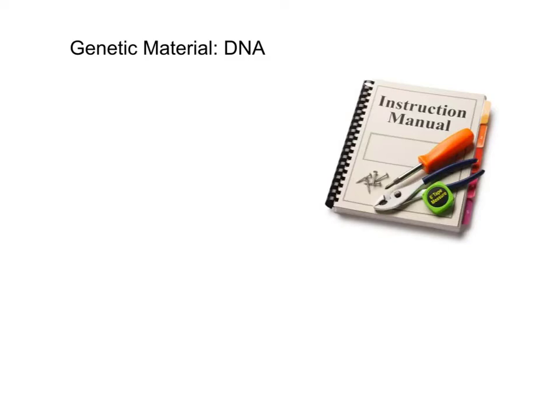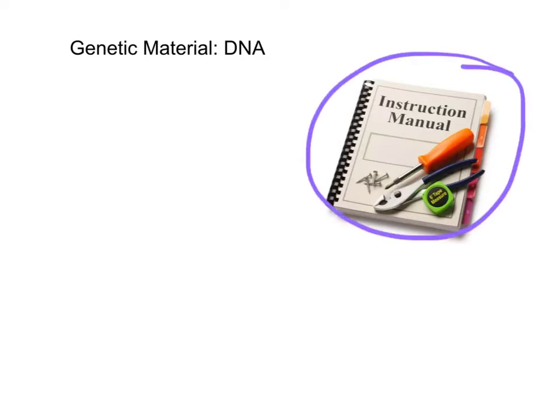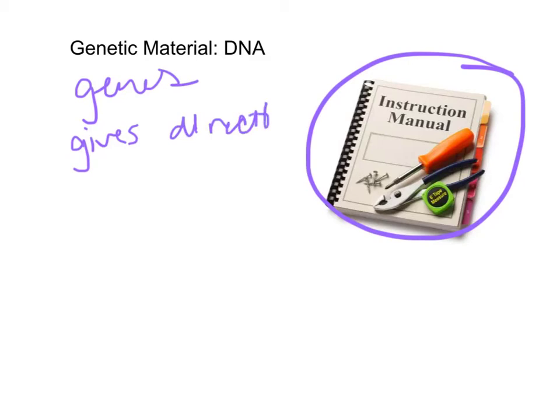The genetic material is like an instruction manual, and this has genes, and it is the DNA that has the genes, and it gives directions for the organism's composition and operation.